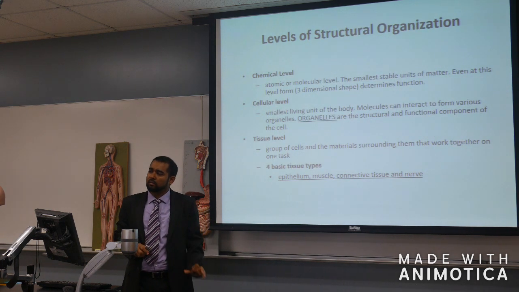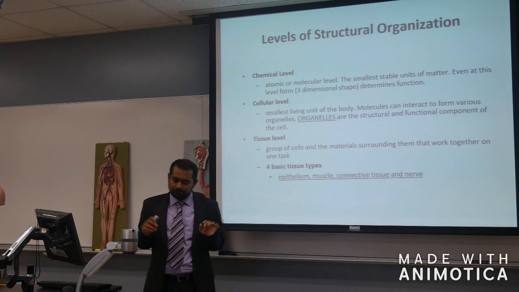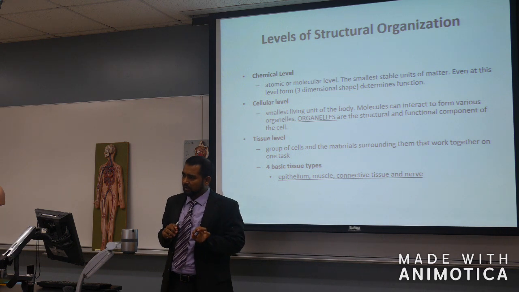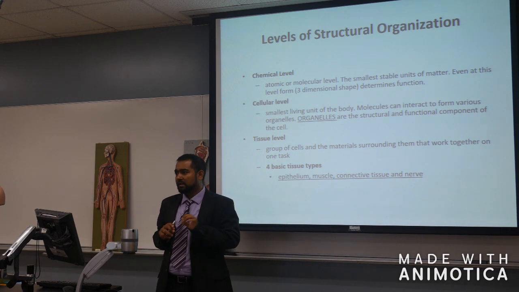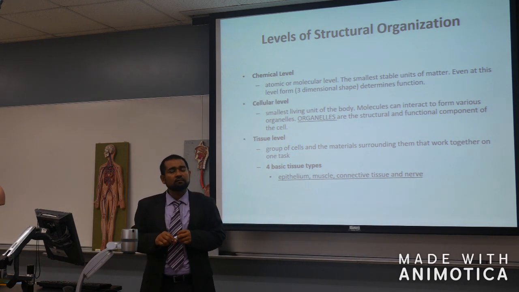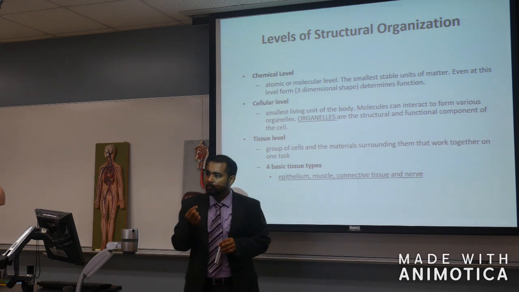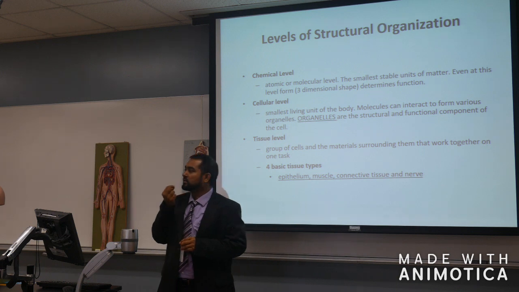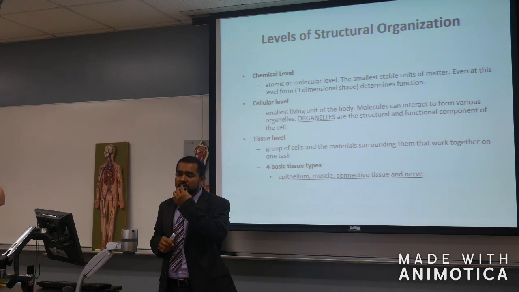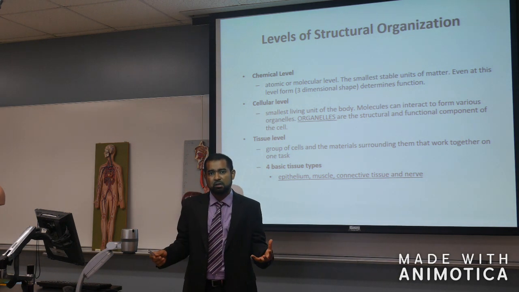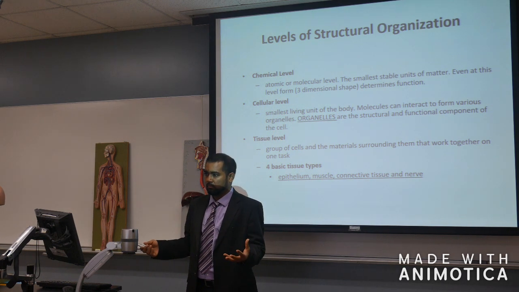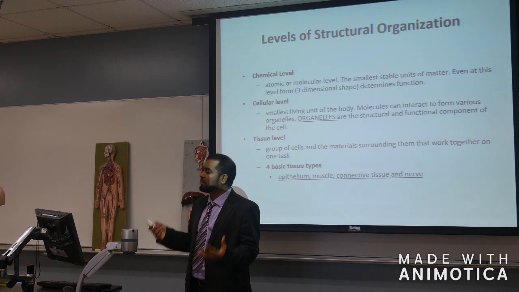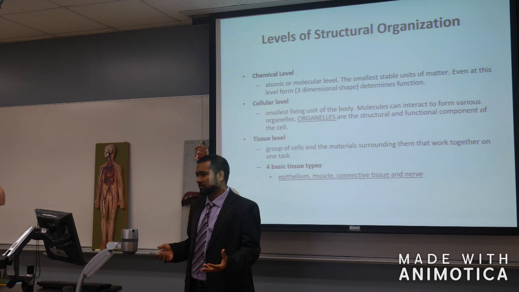So how are they working? They work in a couple of ways. First of all, at the chemical, cellular, and tissue level. Chemical level, for instance: you are eating something, a French fry, and you put it in the mouth, right away digestion starts. When digestion starts, millions and billions of chemical reactions are going on. And these reactions are called chemical level reaction activities.